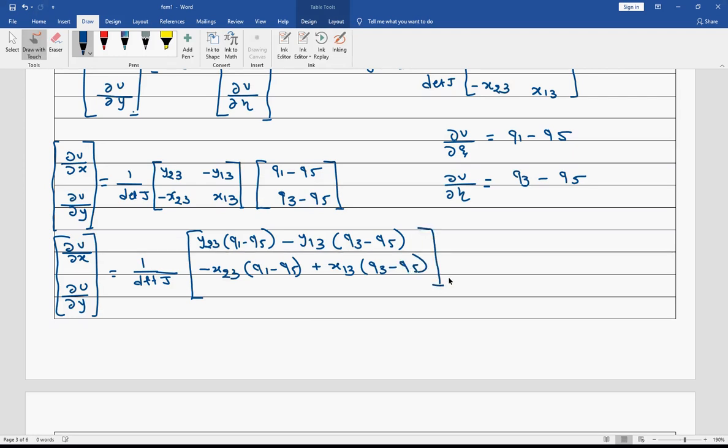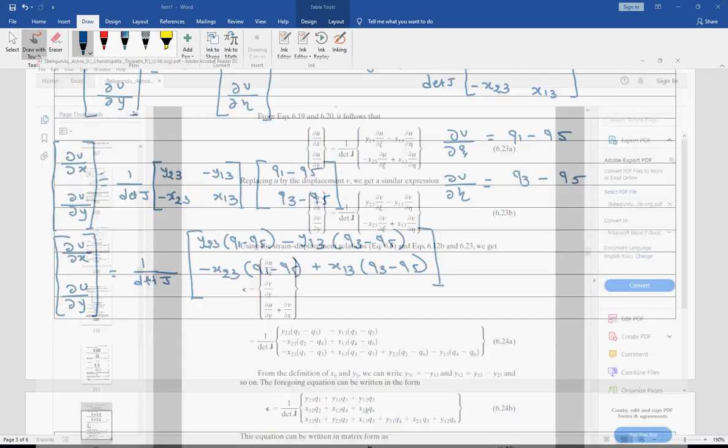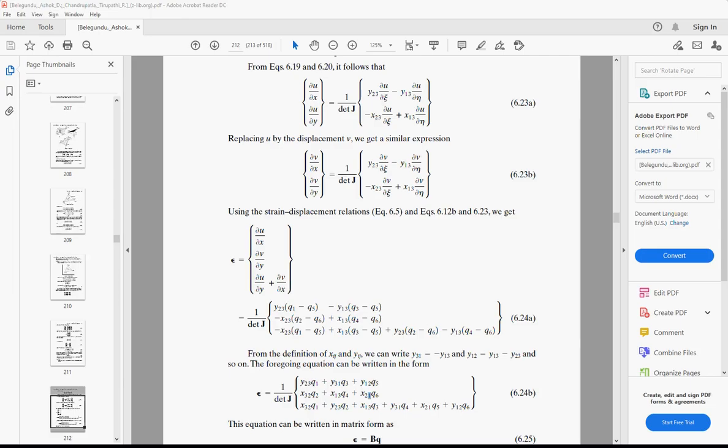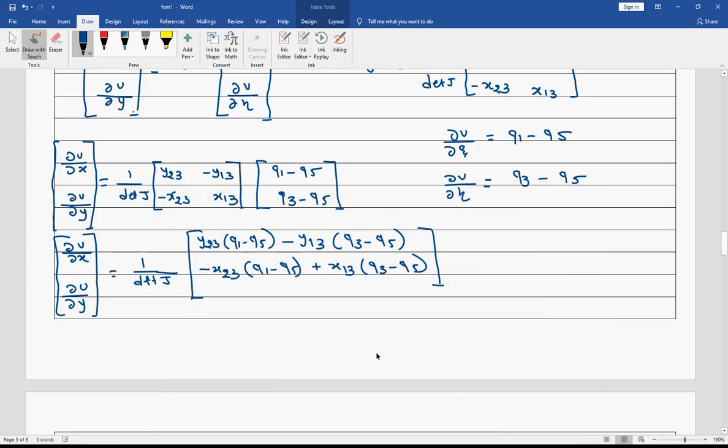Just verify this and let me know whether it is correct, then we'll move ahead. Okay, fine. So this is correct.